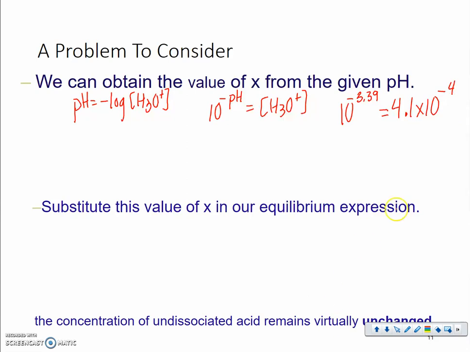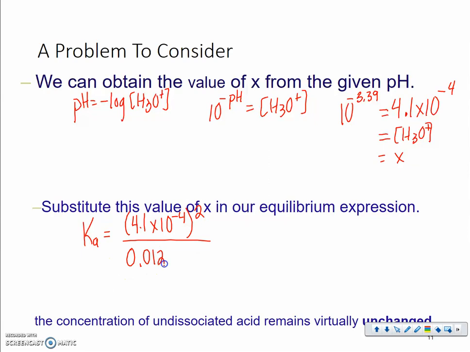So in this case, that equals our H3O+, which is also going to equal our x as well. So now we know a value for x. So x squared. Now notice that if you were to work out the denominator, you get exactly what you started with, right?